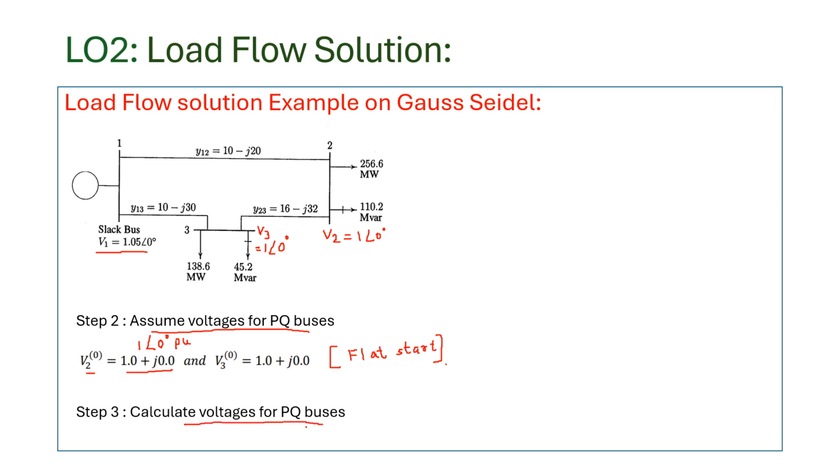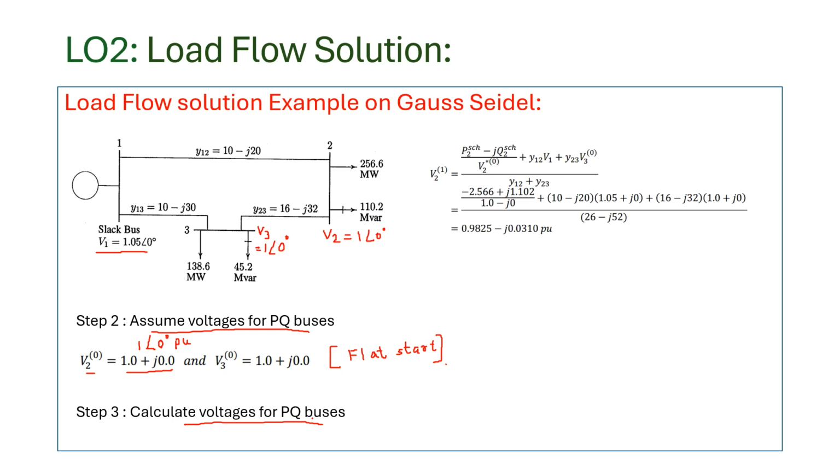They are more accurate values, not exact values. So what is the equation for calculating V2? This equation can be obtained from our voltage equation already derived.